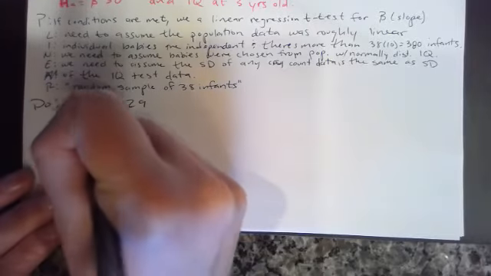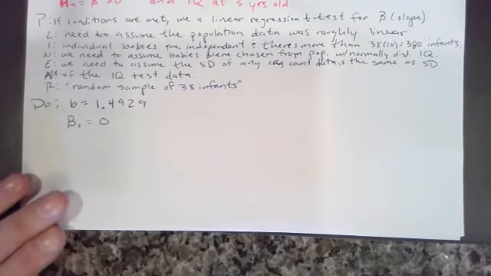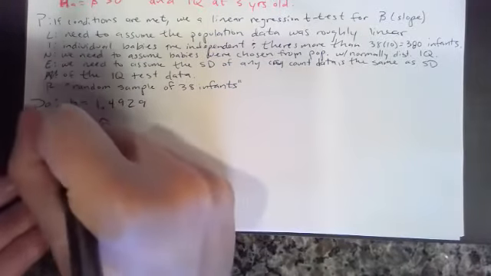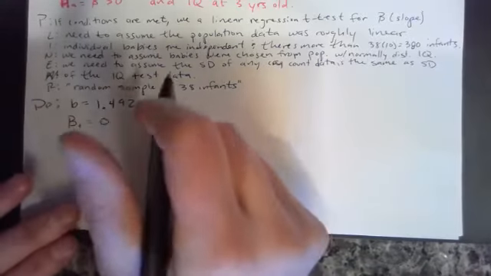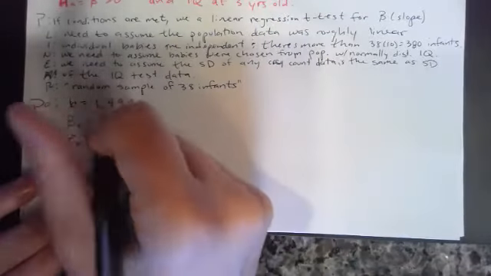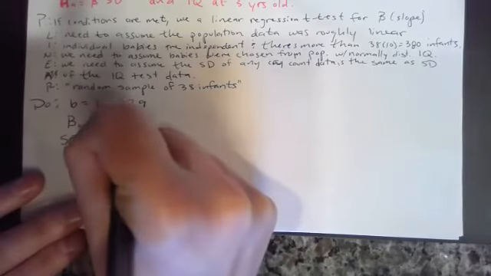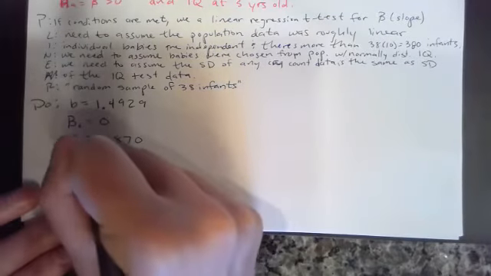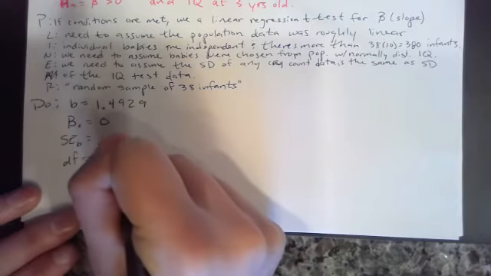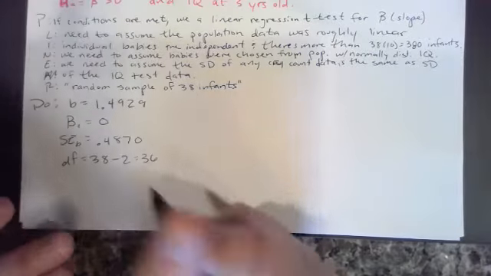B naught, we're assuming, is 0 because that's my null hypothesis. The standard error of the slope is once again on that Minitab output, and it is 0.4870. And now our degrees of freedom is our sample size, 38 babies minus 2, so it's 36.